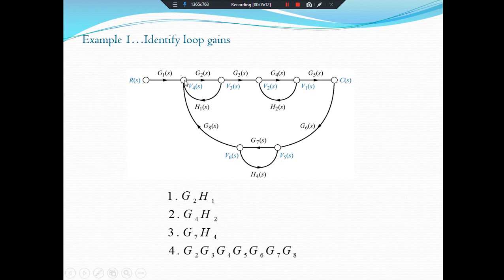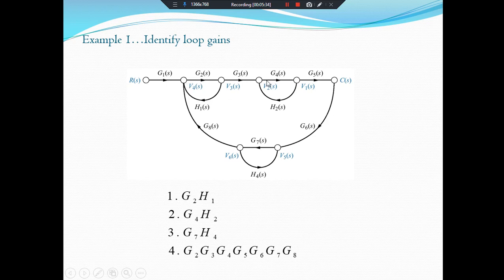As you know very well, loops are paths that start from the same node and end at the same node. So in this signal flow graph, or SFG, we have four loops. One is this loop. It starts from this node and ends at the same node, so the loop gain will be G2 H1.